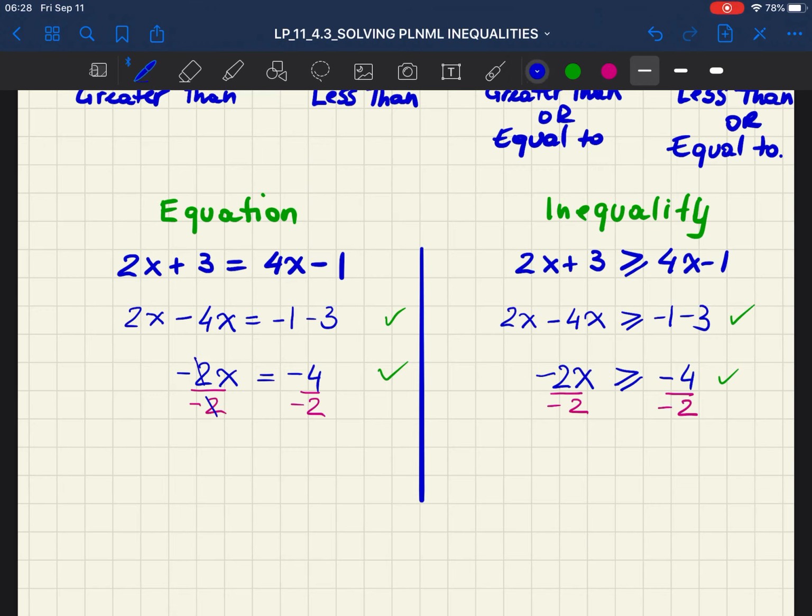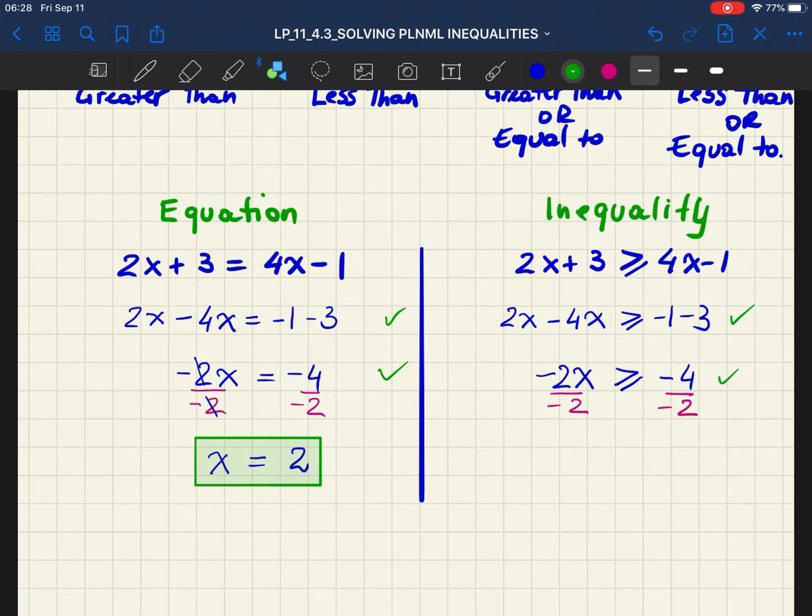We simplify the coefficients, so we have x all by itself, and negative 4 divided by negative 2 is positive 2. We've arrived at the solution. I always like to box my solutions for some reason. Makes me happy. It's like a small celebration. So we're done with solving the equation, and we're going to continue with our inequality.